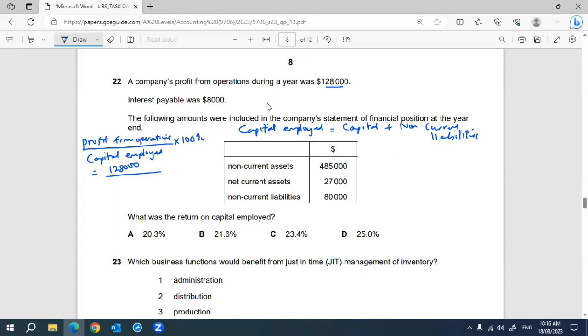So how do we make use of the accounting equation to get this information? First, we lay out the accounting equation, and then we need to break down assets and liabilities into its 2 components.